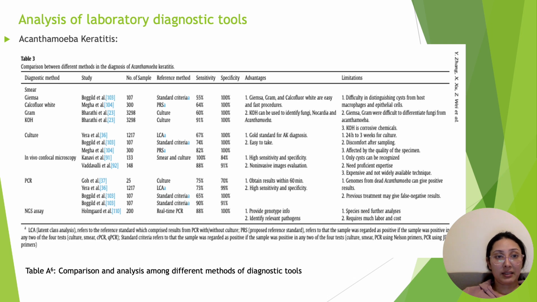Whereas staining and cultures, even though they were gold standard, were easy and rapid to do, but they have less sensitivity and specificity. Also, IVCM has been an effective way with sensitivity and specificity of 70 to 100%, but it requires expertise to do this procedure.